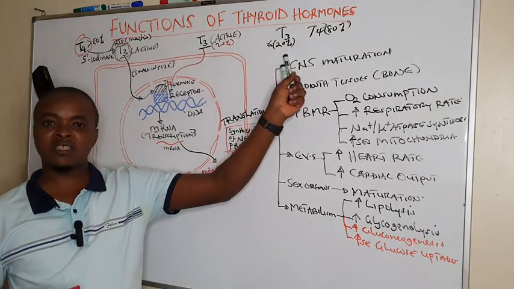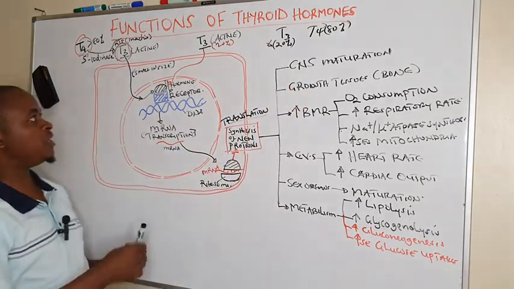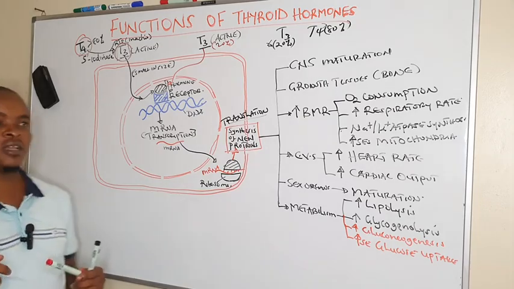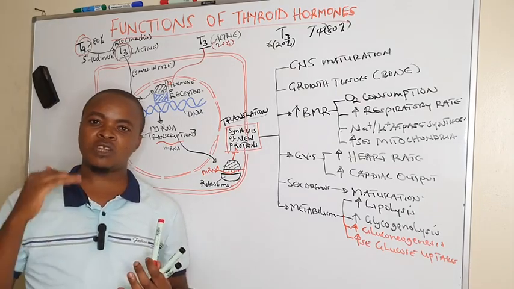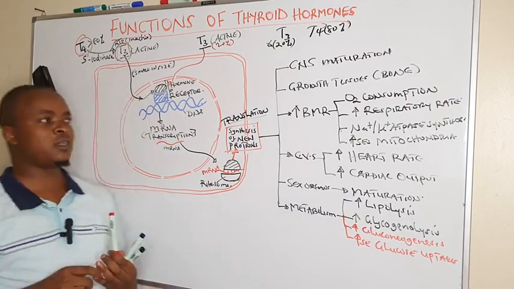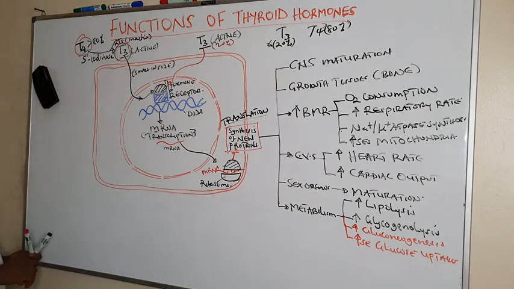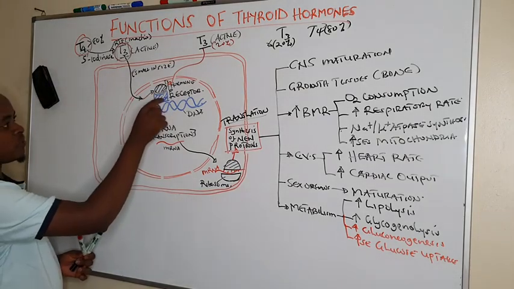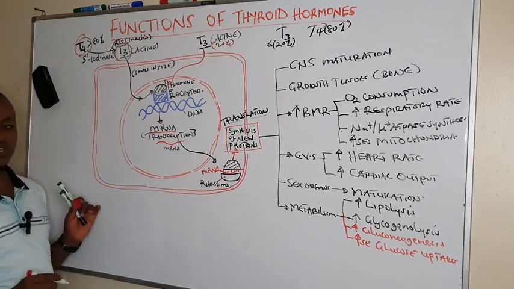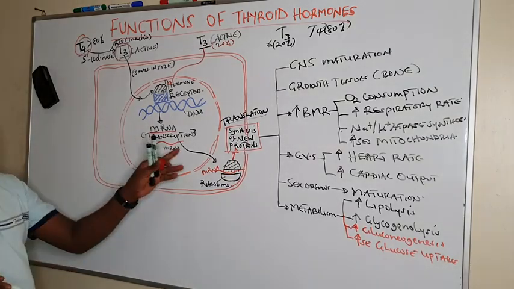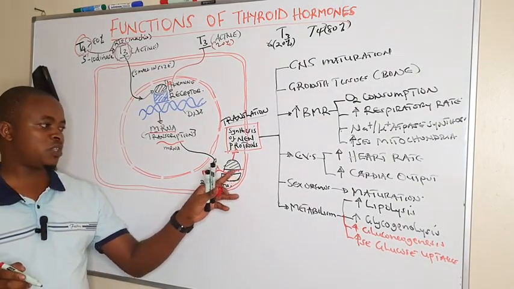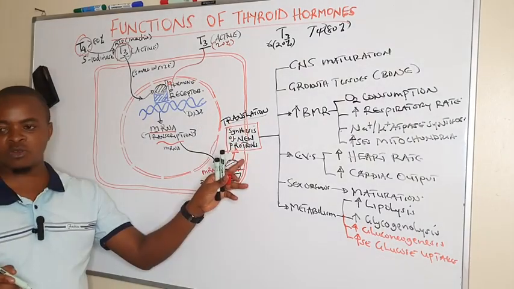Then the 20% which is already T3 comes directly and binds to its receptor in the nucleus. In the beginning I told you that they cross because they are small in size, so they are able to cross a phospholipid bilayer membrane. After forming the hormone receptor complex, they cause transcription, that is the formation of messenger RNA, which moves through the nuclear pore to the ribosome in the cytoplasm, which undergoes translation to form new proteins.